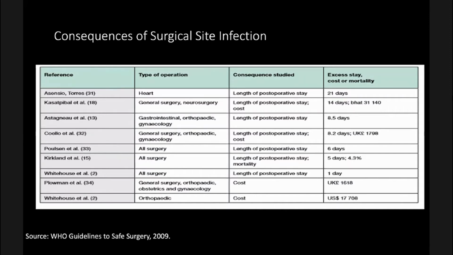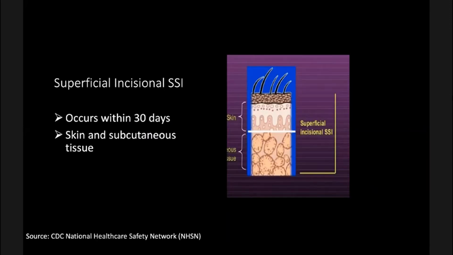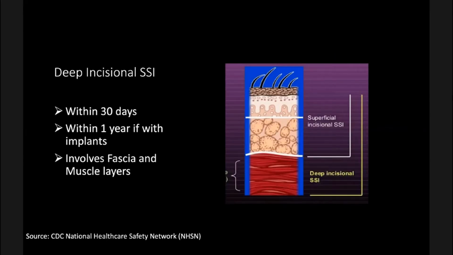That's from the WHO. As for superficial incisional SSIs, they may occur within 30 days, and they occur in the skin and subcutaneous tissues only. Compared to deep SSIs, they also occur within 30 days after the surgery or after the incision, and within 1 year if there are implants like mesh and prostheses, as they may act as foreign bodies and produce infection in the fascia and muscle layers.